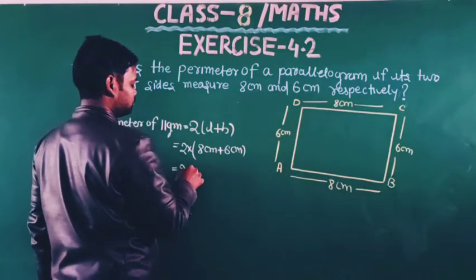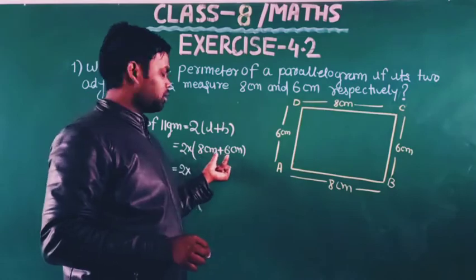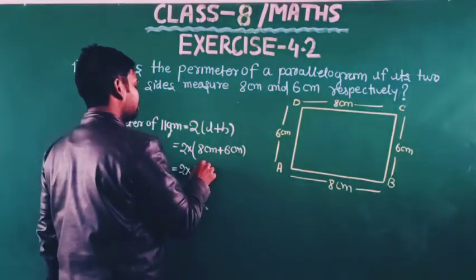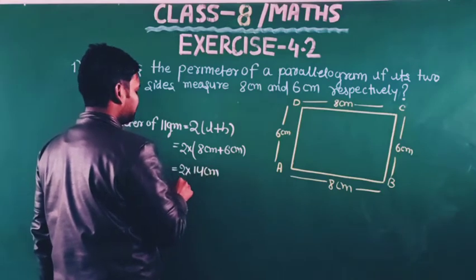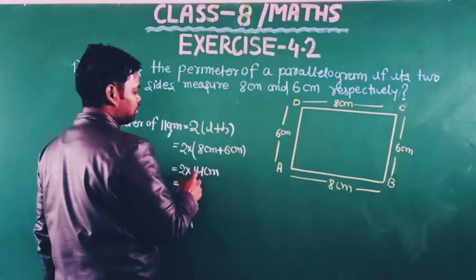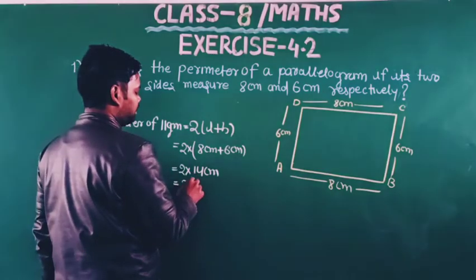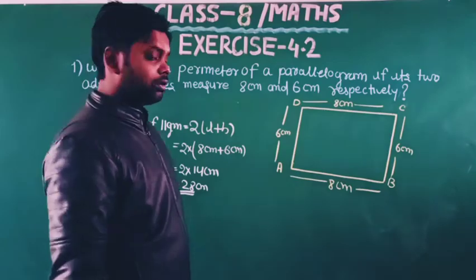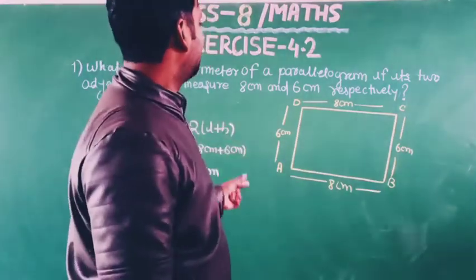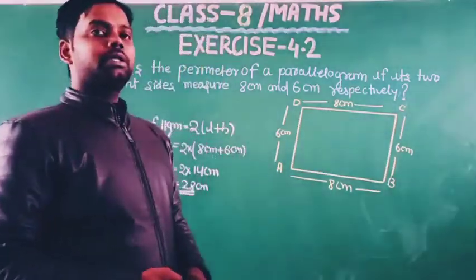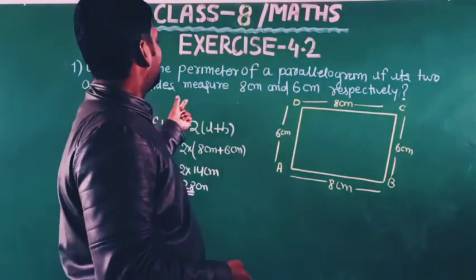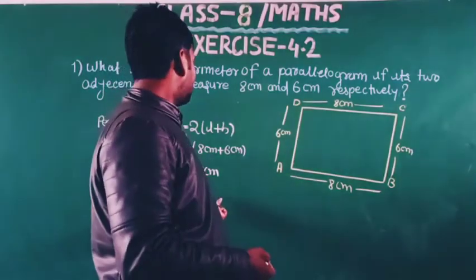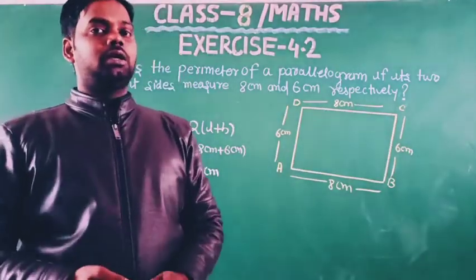Here 8 plus 6 is equal to 14 centimeter, and now multiplying 2 by 14, we get 28 centimeter. So the perimeter of the given parallelogram, if its adjacent sides are 8 and 6 centimeter, is equal to 28 centimeter.